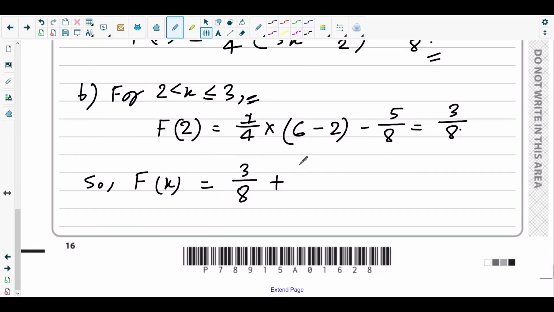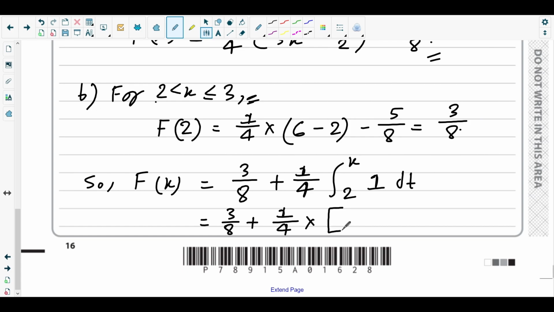So 1 over 4 integration, upper limit x, lower limit 2, 1 dt. So what will you get here? 3 over 8 plus 1 over 4 times the upper limit, it would be just t, upper limit x, lower limit 2. So you will get 3 over 8 plus 1 over 4 times x minus 2.